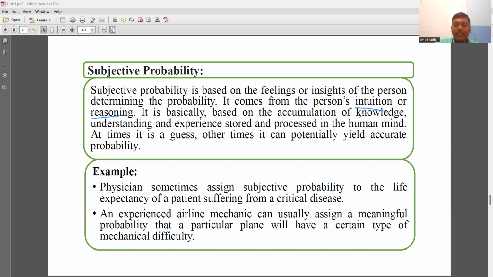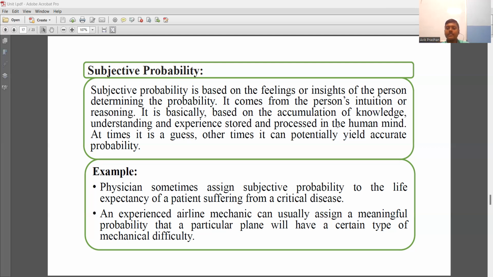So basically, it depends on three things: knowledge, understanding, and the experience of the person. These three things, together with some kind of analysis in the human mind, help the person to define the probability of an event.